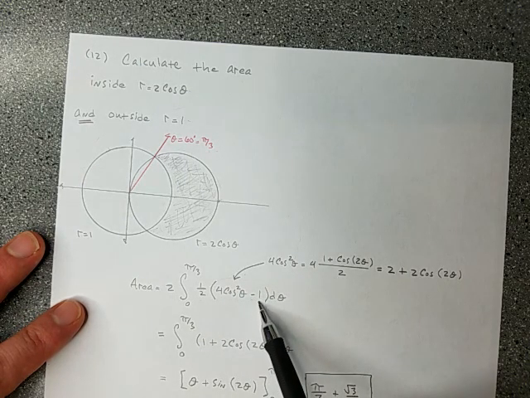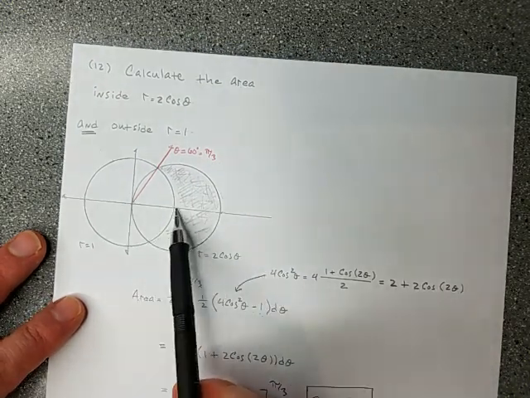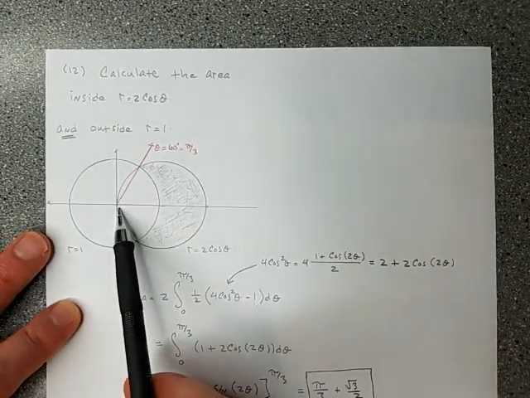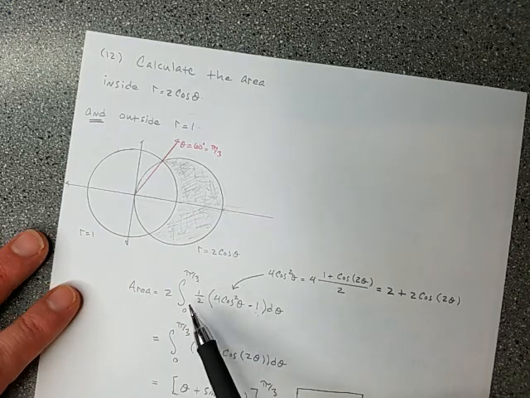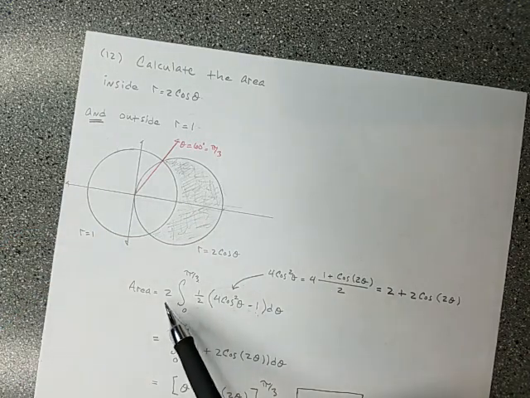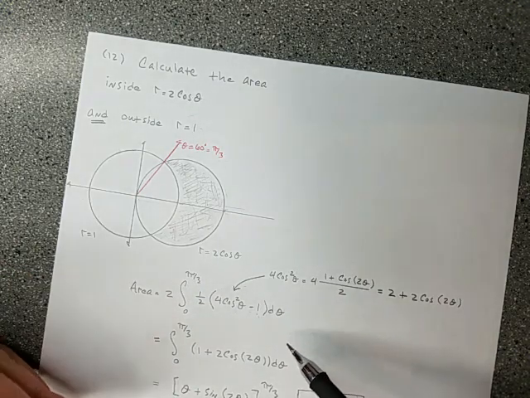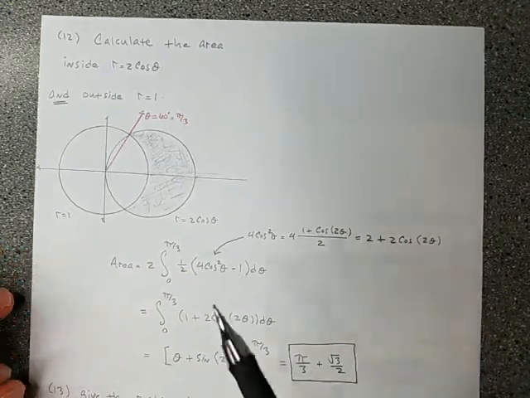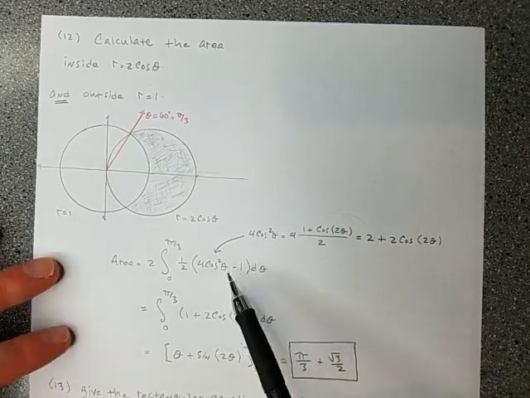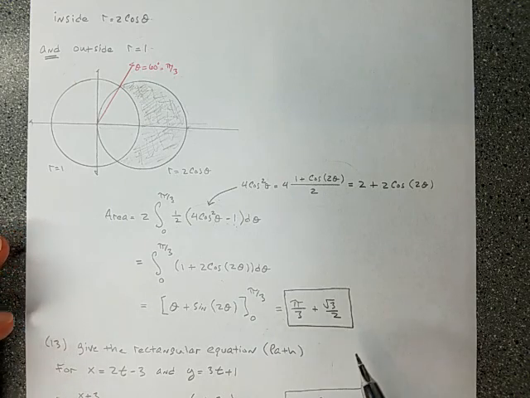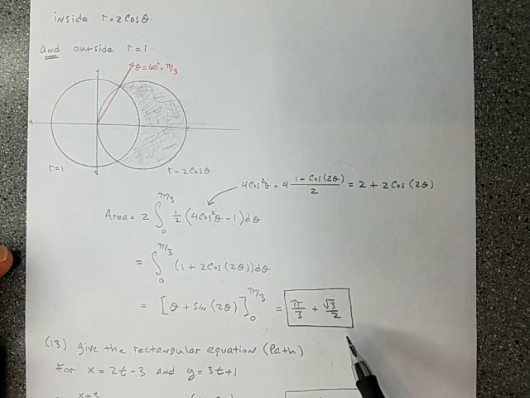That's what you're looking at there. Bounds 0 to pi over 3 would get me this part here. So I just decided to set it up like that and double it to get the whole thing. Now again, from this point, this is like that last problem I was showing you, where I need a certain trig identity to reduce this integral, and then I use U substitution. I'll get pi over 3 plus root 3 over 2 if I do that.